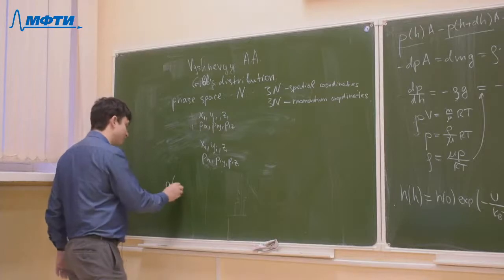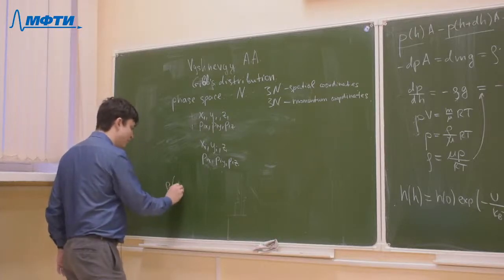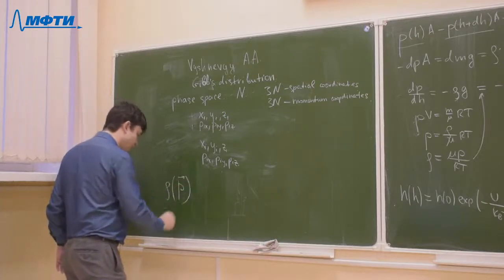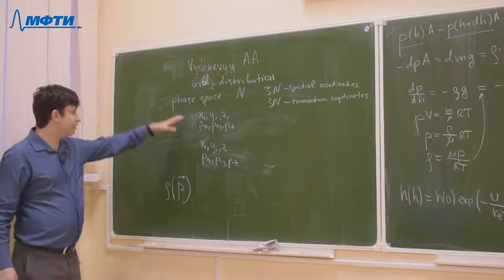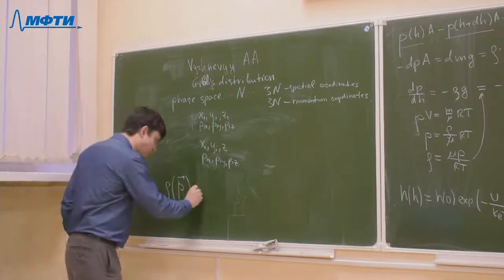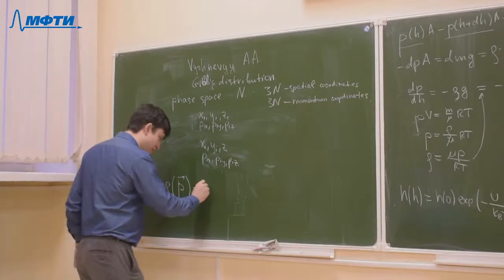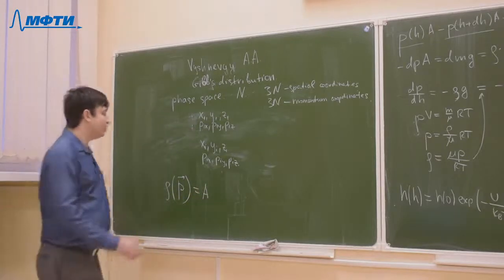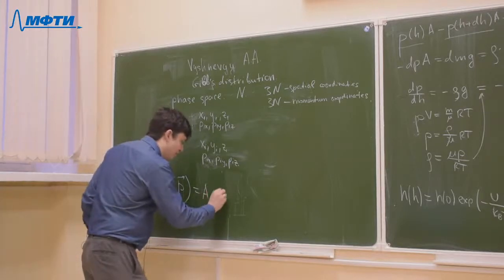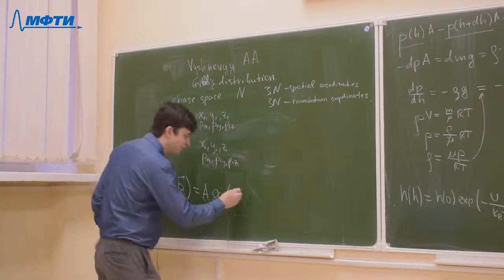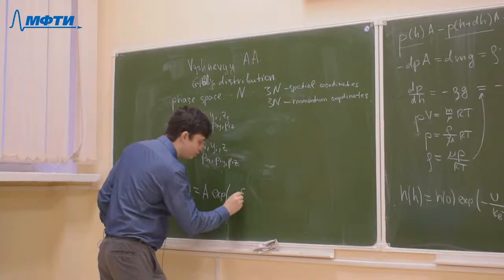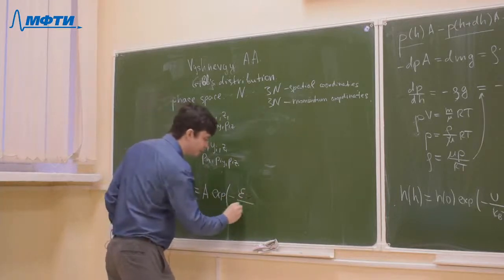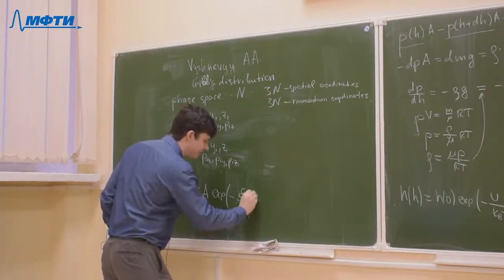So for any dynamical system, Gibbs distribution states that the probability density for this dynamical system to occupy a certain point in a phase space is some normalization constant A multiplied by exponential of minus total energy of this system divided by kBT.